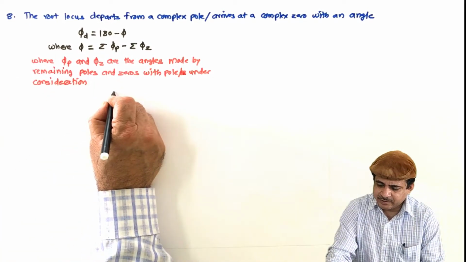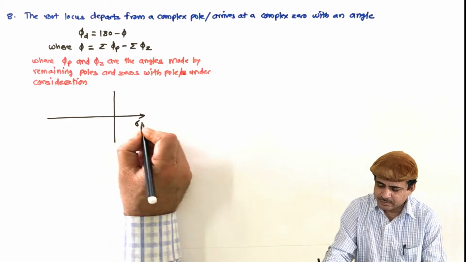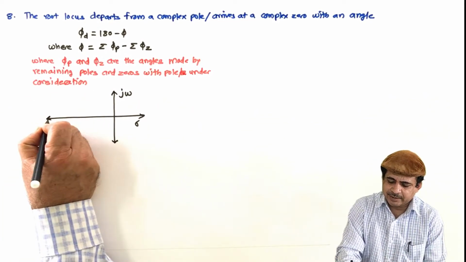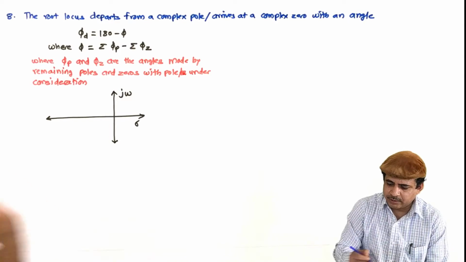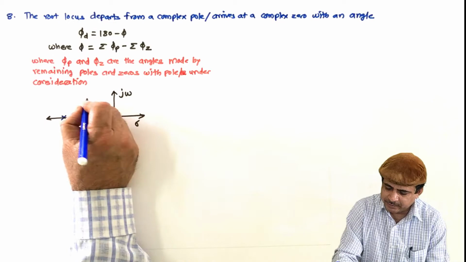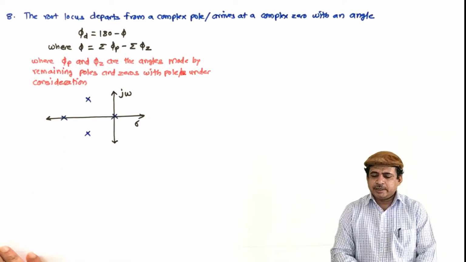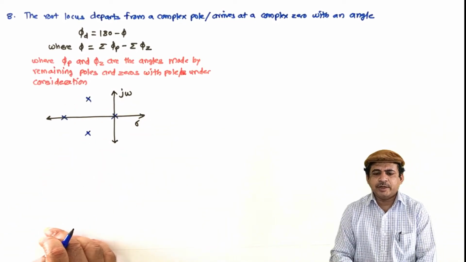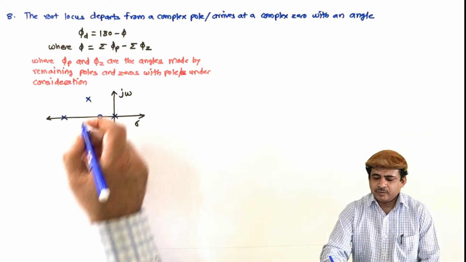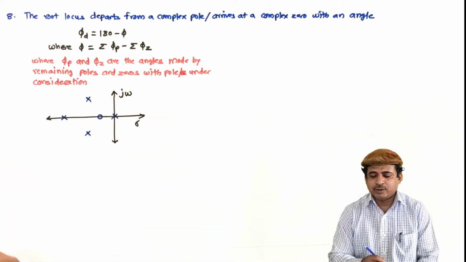Let us see. There is a complex plane, and we have a pole here, then a pole here, and then a pole here and a pole here, and even let us consider one zero here, and at what angle the root locus will depart from this pole, that we have to find out.